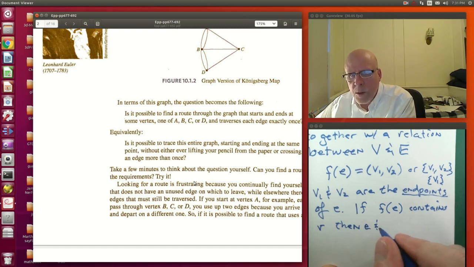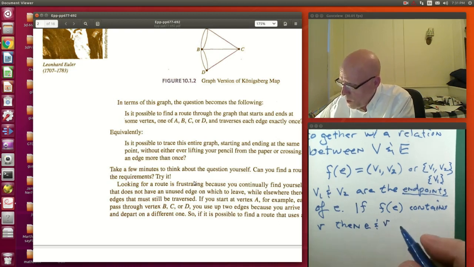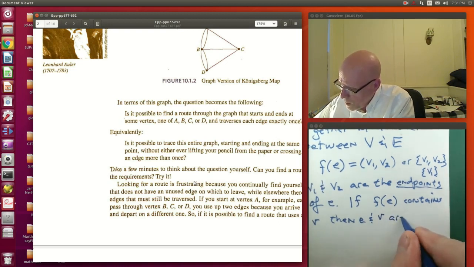Pardon me, I just used the wrong term. Adjacency is between two vertices. E is an edge, V is a vertex, and we use the term incident in that scenario. V and E are incident. So another piece of terminology.